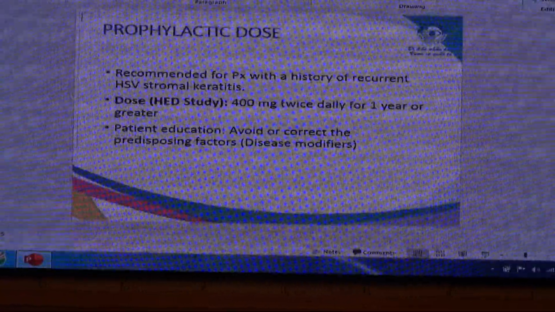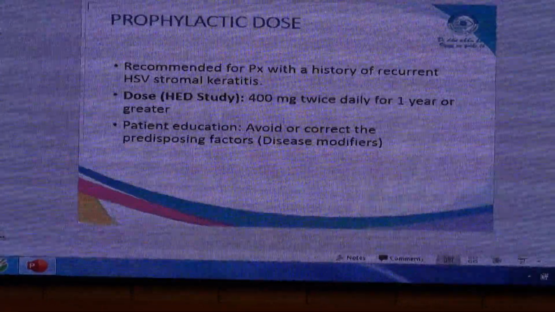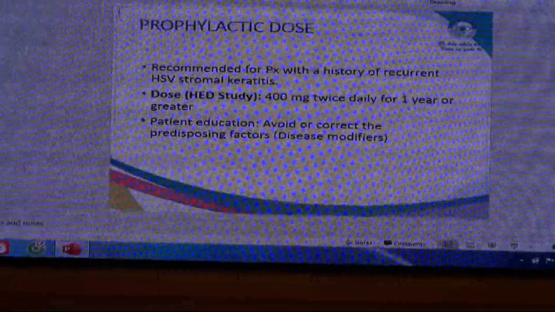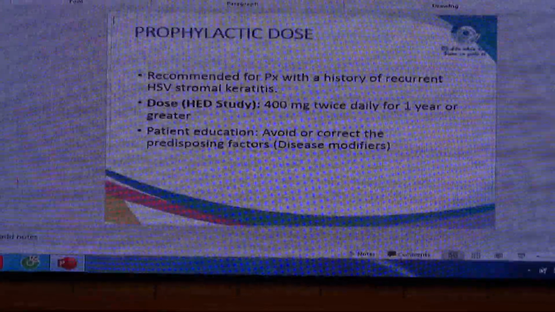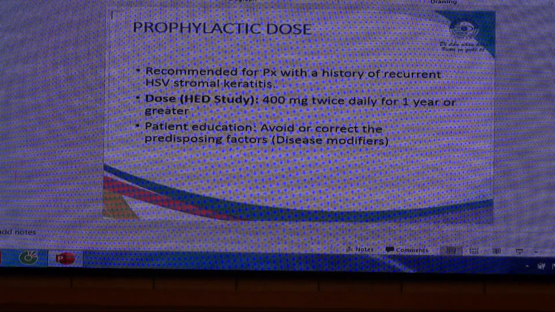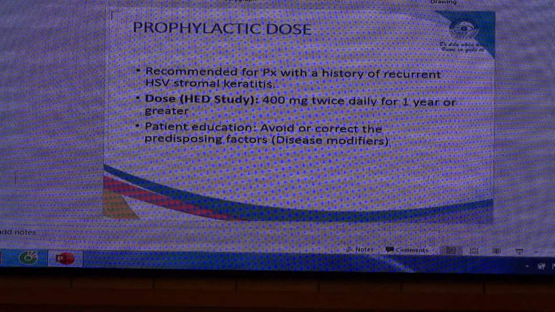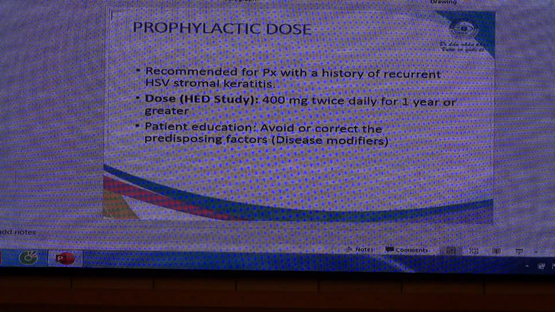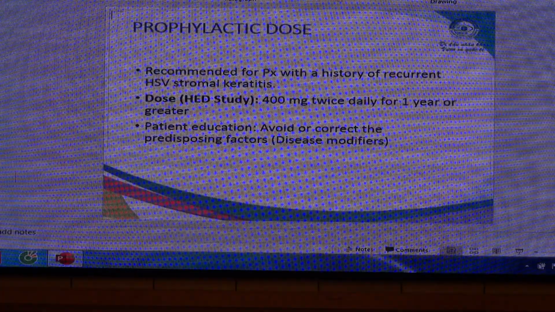I think maybe because stromal keratitis is the main cause of visual impairment, with neovascularization or scar. The dose they give is 400 milligrams twice a day. There are studies that give 200 milligrams twice a day, for 6 months to 1 year. But no studies show the duration of the dose, so I think it needs to be studied further.